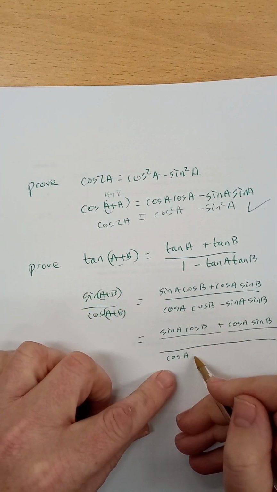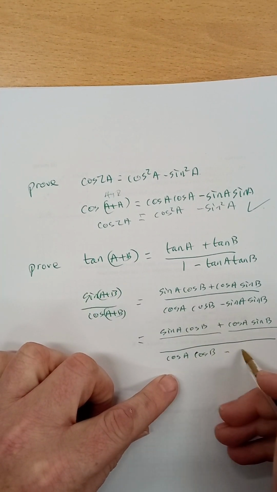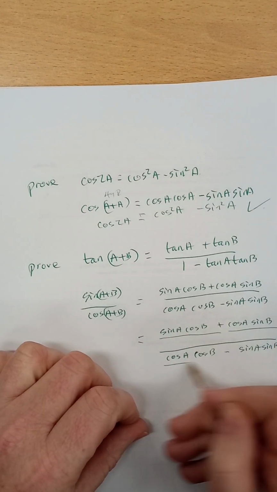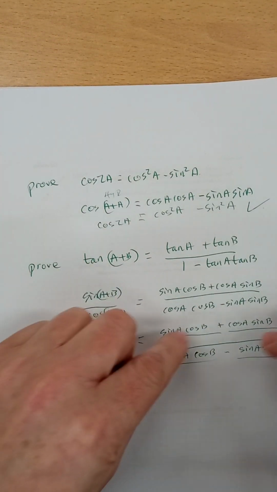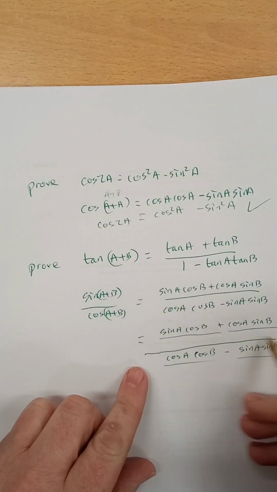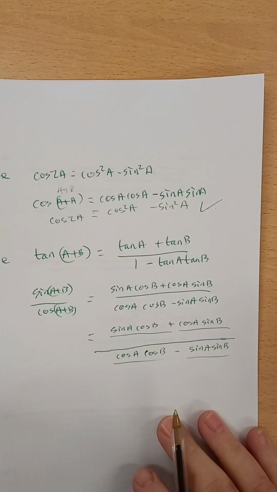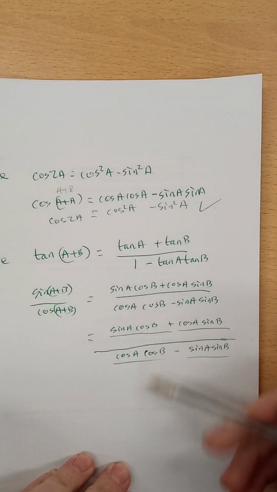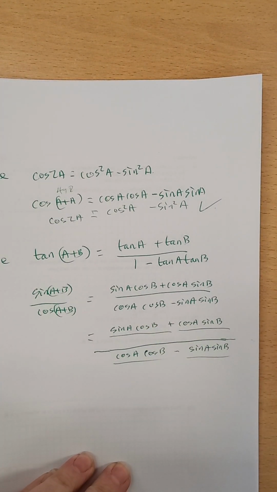Okay, same here. Cos a cos b minus sine a sine b, and making a little bit of space. So you see what I've done? That's your original fraction. There's your original fraction, okay? And now I'm going to create a new fraction, top and bottom, okay? So that's all I'm going to do, it's as simple as this.